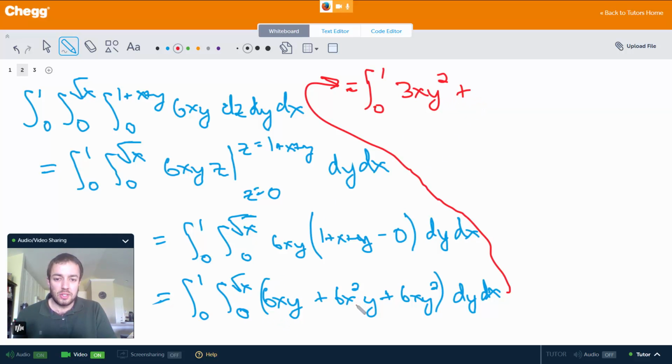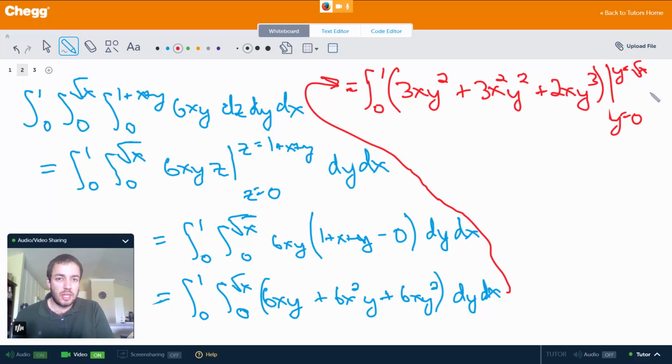And then this one here is going to give us 3x squared y squared. Okay, because again, the x squared is just a constant. And then this one is going to give us 2xy cubed. And we're evaluating all of this from y equals 0 to y equals root x. And don't forget, we do still have a dx out here.